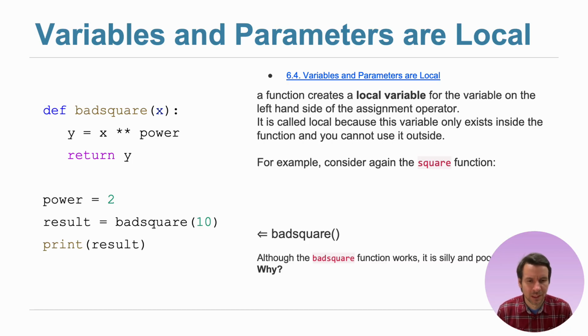The bad thing about it is that the function bad square is using a variable power that in this case would be a global variable, and it's not obvious that bad square depends on it from the moment you call it. So it works, but not great. If you try to make functions, include all the arguments in the function and don't do this.